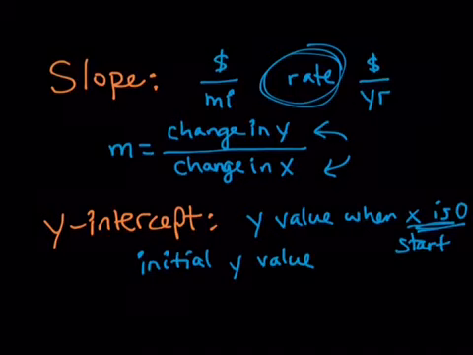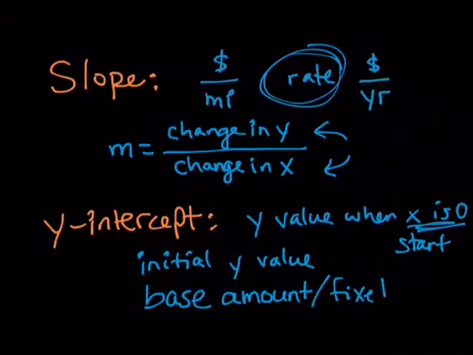Sometimes it's also common to call this a base amount, like a base cost or a fixed cost. And the units will just match whatever y is. So in both of these cases, we're talking about y in terms of dollars. Here we had an initial cost for a cab ride and an initial poverty threshold in the first year. Okay, so keep those in mind.